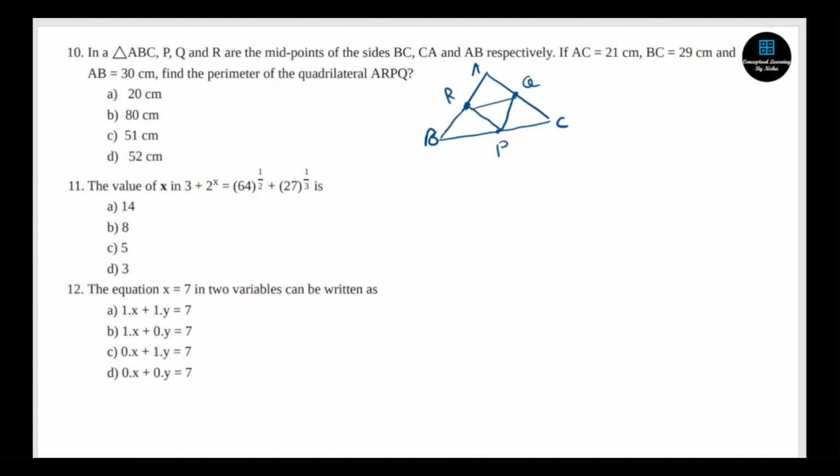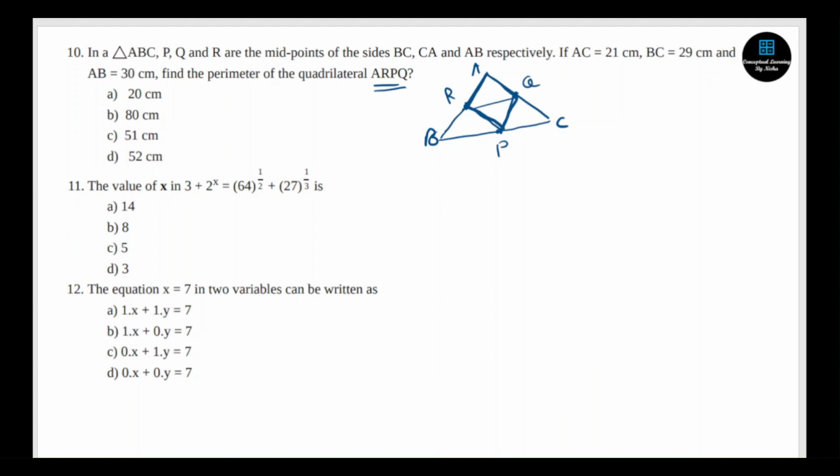Alright. So we know that they are half of these given sides, right? And we have to find the perimeter of this quadrilateral, this one, ARPQ, this one.